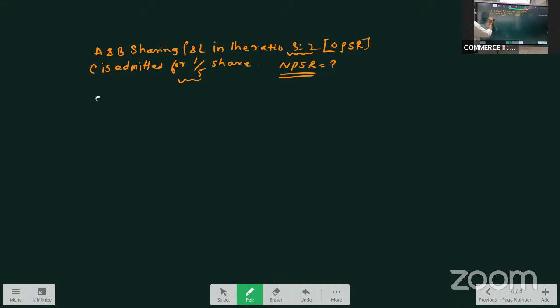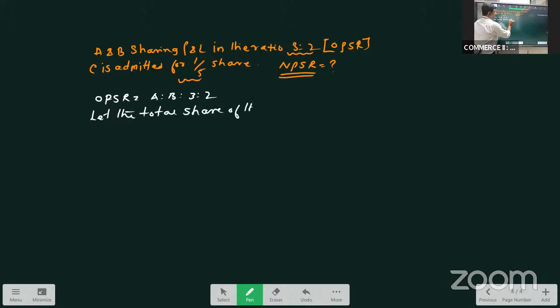Now, what is OPSR? Old profit sharing ratio between A and B is 3:2. So let us solve it this way. Let the total share of the firm be, let us say, 1.